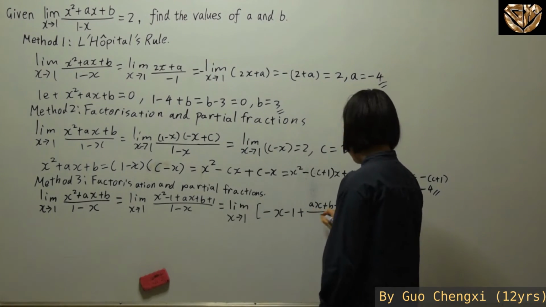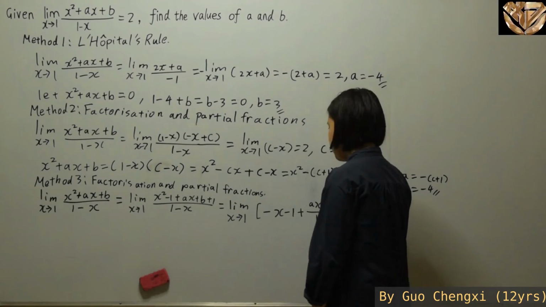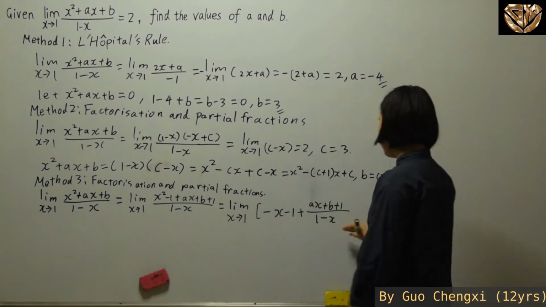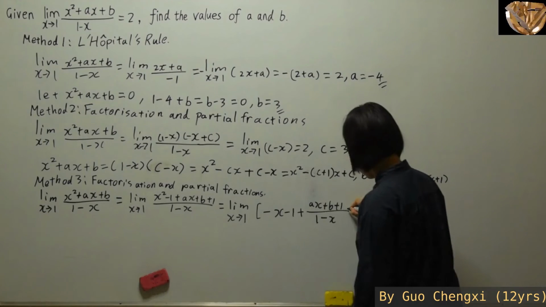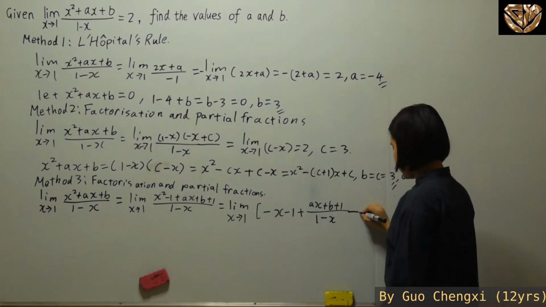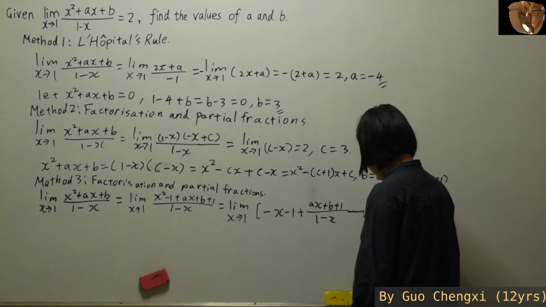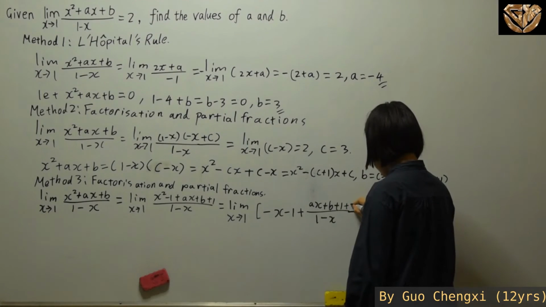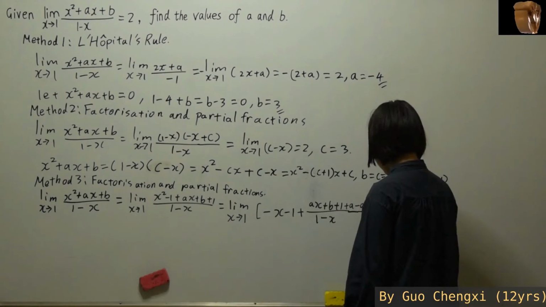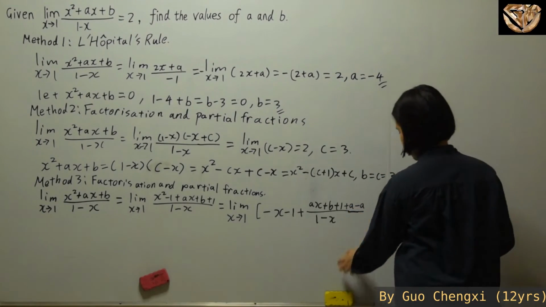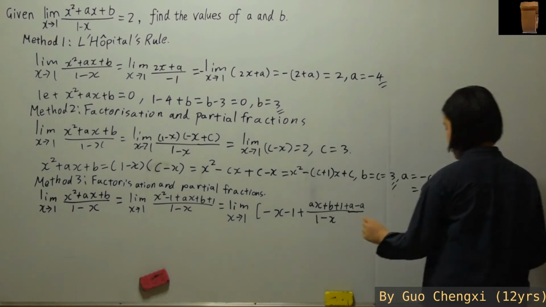Despite the fact that we have gotten the part that has x squared, we still have the part that just has x, and here we are going to add a and minus a, whereas the minus a will be combined with this.